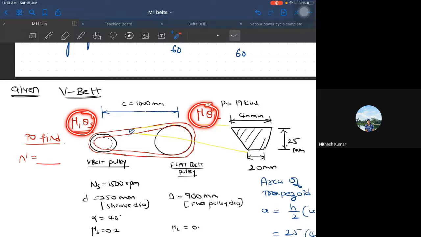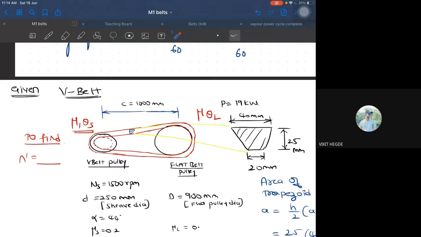Am I clear about this? Did you understand? Everyone, I want replies from everyone. Okay, this is a very important point. Yes, so you have to calculate mu1 into theta s for this V belt.